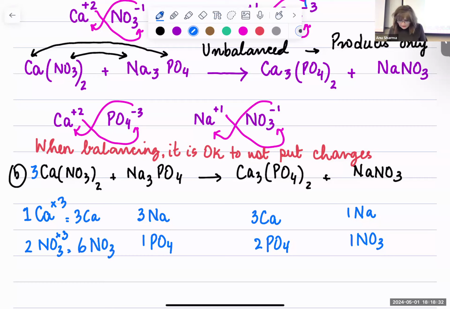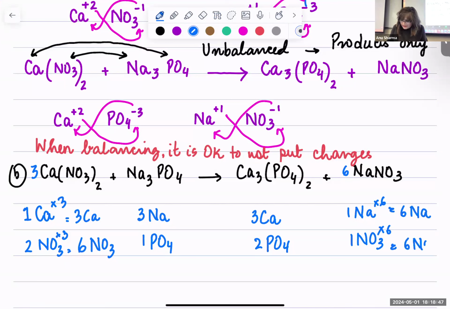So calciums are balanced. Now there are 6 nitrates on one side and only 1 on the other. If you put 6 here, that means 1 times 6. Now how many sodiums? 6 sodium. And how many nitrates? 6 nitrates.